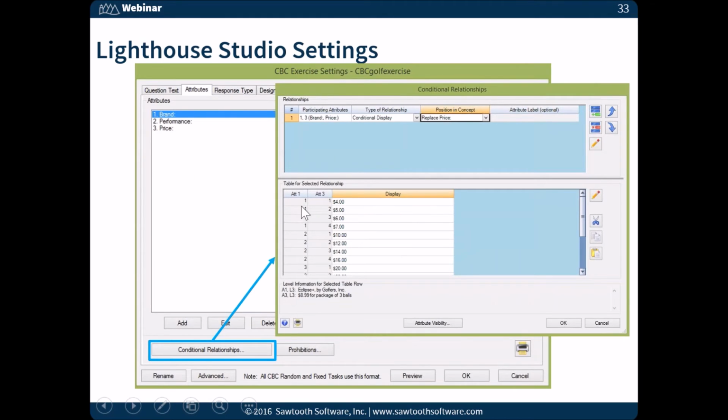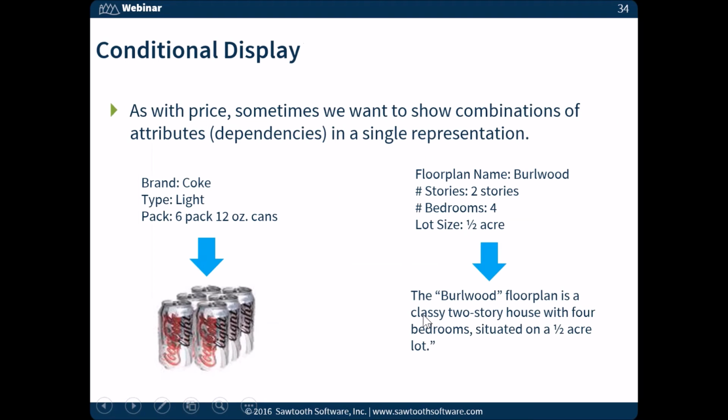And when at Attribute 1 Level 1, at Attribute 3 Level 1, we have a price of $4 and so on and so forth. So we fill in that table accordingly, and then every time Attribute 1 Level 1 and Attribute 3 Level 1 is shown on the screen, we see $4 instead of, quote unquote, the low price for this example.